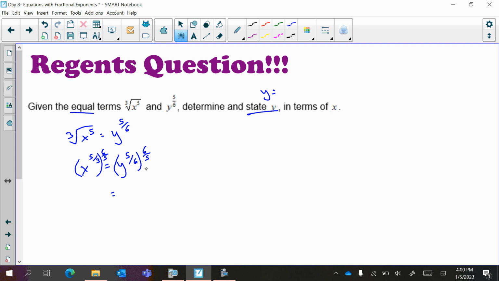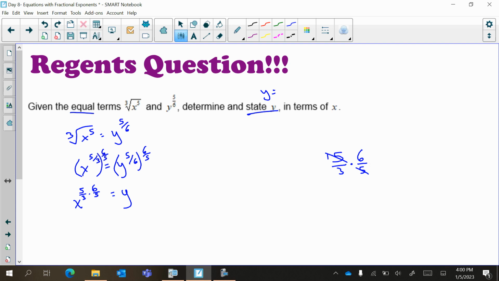On the left-hand side, right-hand side, these cancel out. And you're just going to be left with y. On the left-hand side, we have 5/3 times 6/5. Now, if you want to, multiply the fractions in your calculator, or, okay, something on the top and the bottom cancels out.